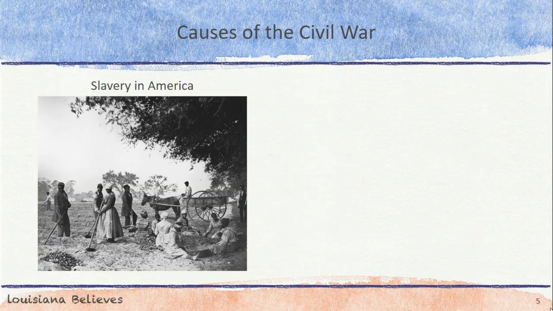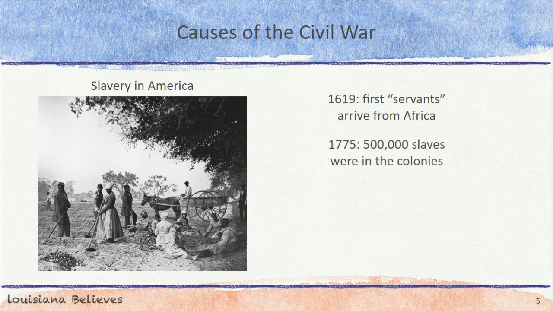There was one main reason the southern states decided to leave the United States, and it involved disagreement about slavery. In 1619, a Dutch ship brought 20 Africans to Jamestown, Virginia. They were considered servants. By 1775, there were 500,000 slaves in the colonies.